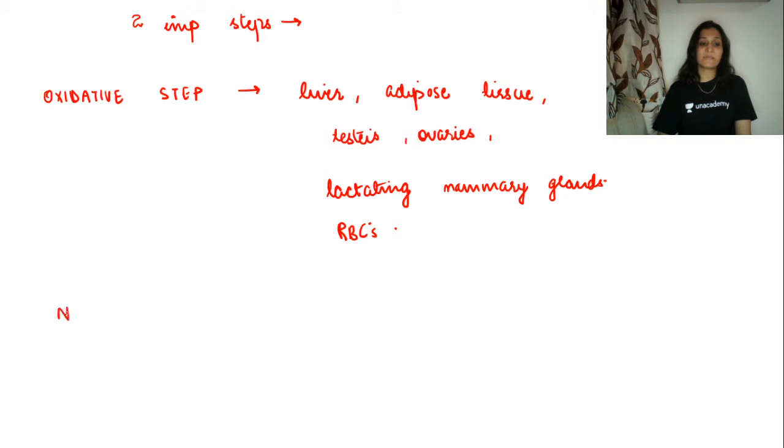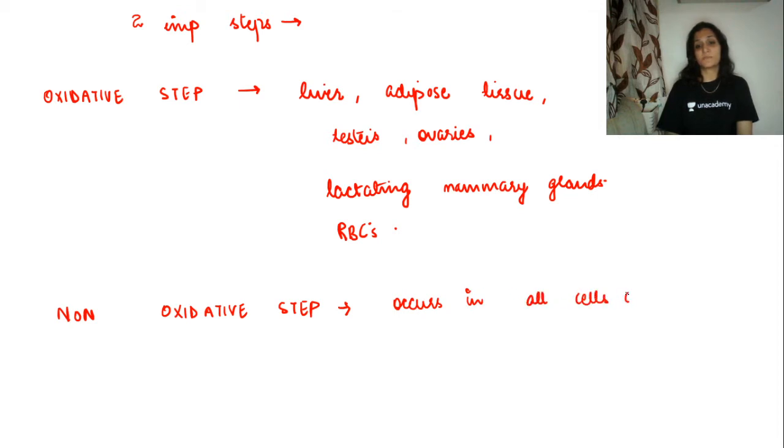Then the second step is the non-oxidative step. Where does this non-oxidative step occur? It occurs in all the cells of the body. If it occurs in all the cells of the body, what is it doing?